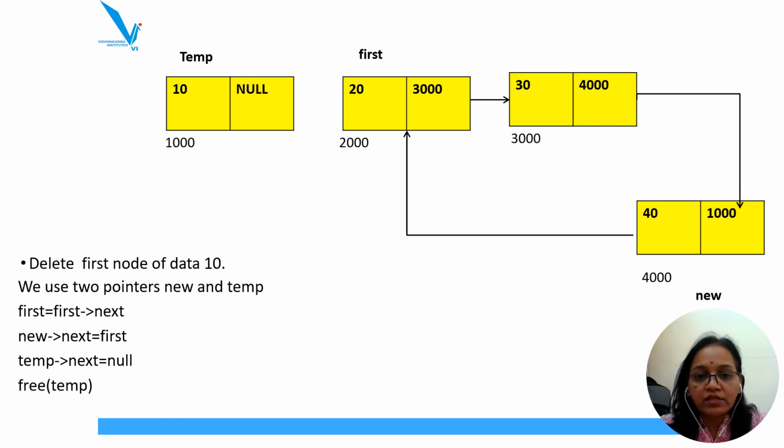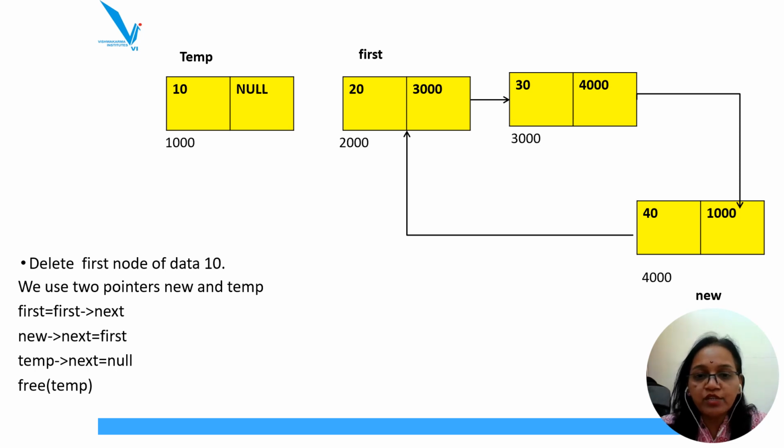Okay, likewise, and then new of next is equal to first. जो new था, new of next is equal to first. Okay, and then temp of next is equal to null. ये temp यहाँ पे point out करा था, new last वाले को point out करा था. So temp of next में मैंने बोल दिया null. तो जैसे मैंने यहाँ पे null बोल दिया, so it will not point anymore to the first node.